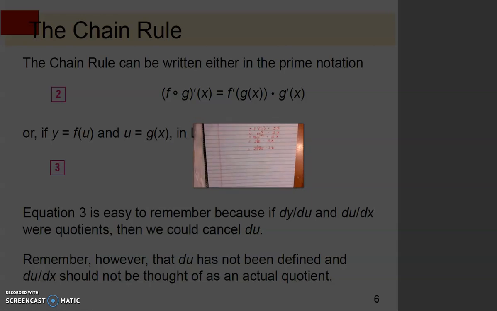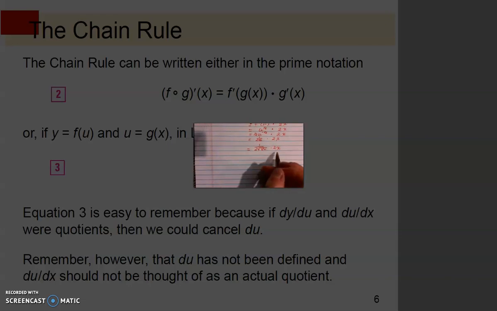Make sure we can get this all here for you. I'm going to zoom in on it. And then we multiply, and we end up getting 2x over 2 root x squared plus 1. The 2's divide out, and at the end of the day, I end up having x over the square root of x squared plus 1, which essentially is my derivative.